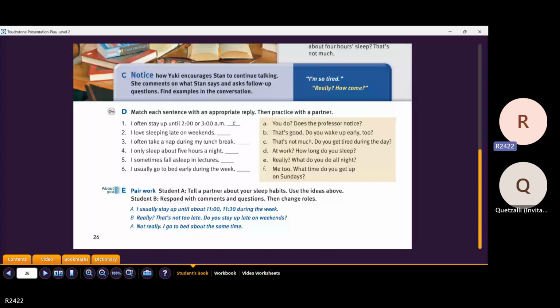I often take a nap during my lunch break. Letter D. At work. How long do you sleep? Number four. I only sleep about 5 hours a night. Letter C. That's not much. Do you get tired during the day?